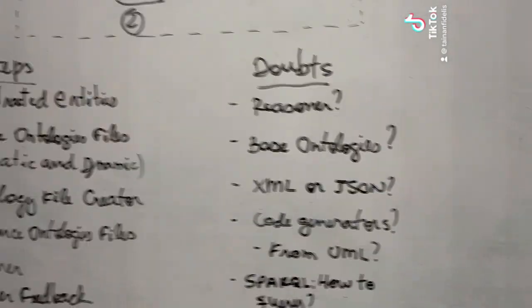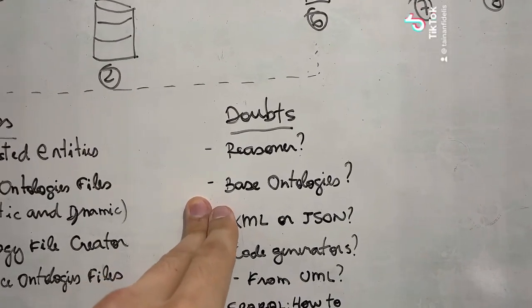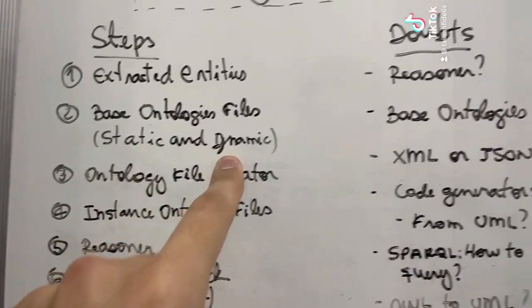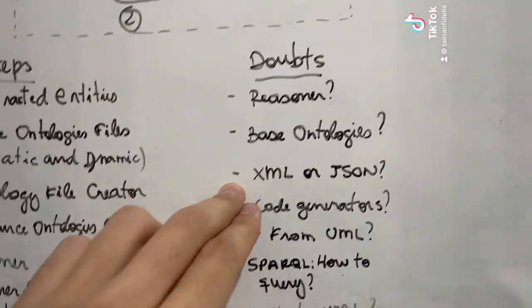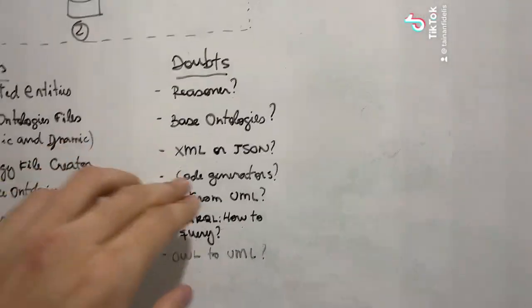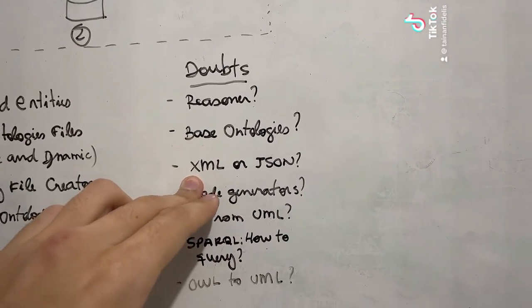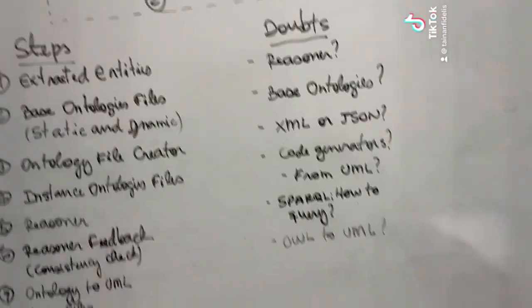And I have some doubts here. If we have some base ontologies on the web, public ontologies to represent this static and dynamic behavior of software, should we use XML or JSON? In theory, there are a lot of projects and articles that use XML, but the articles are from some years ago. If we can use JSON, it would be better.